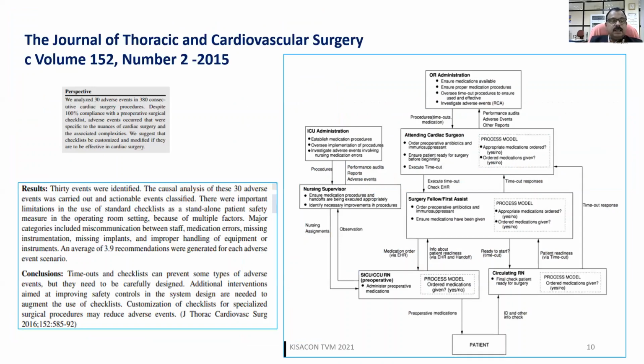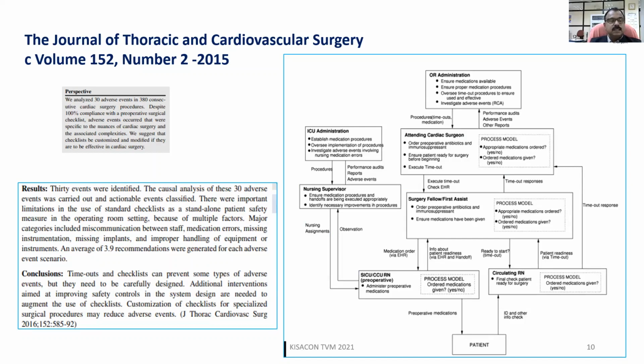In a study published in the Journal of Thoracic and Cardiovascular Surgery in 2015, they analyzed about 30 adverse events in cardiac surgery procedures, and despite 100% compliance with the preoperative surgical checklist, adverse events occurred that were specific to nuances of cardiac surgery.